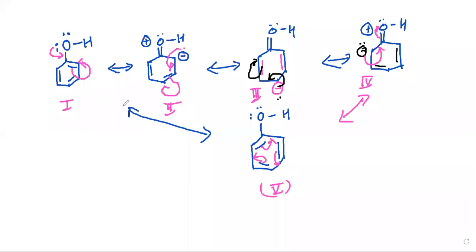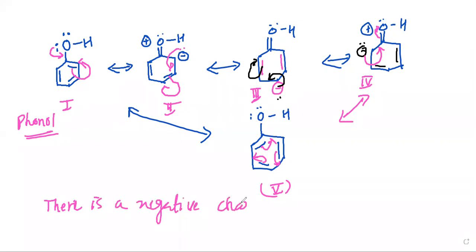Now what you can see here in this case of phenol, these are all known as the resonance structures of phenol. In the case of phenol, my dear students, there is a negative charge on all the resonance structures.